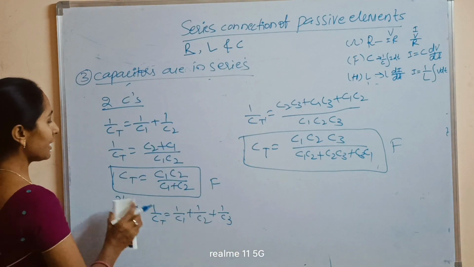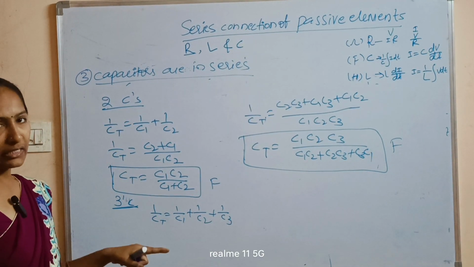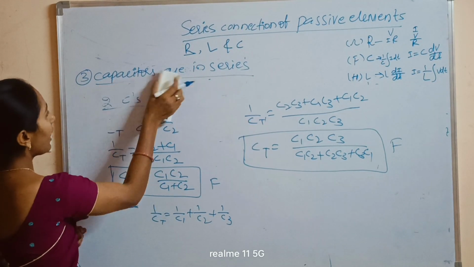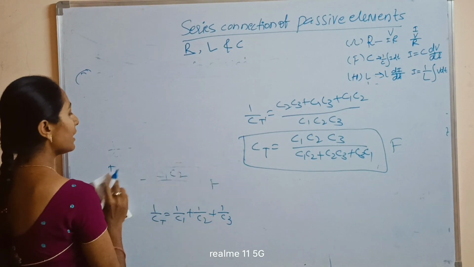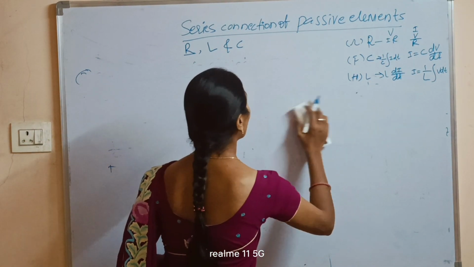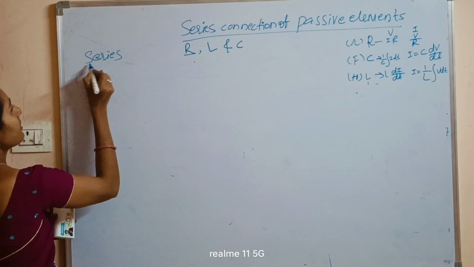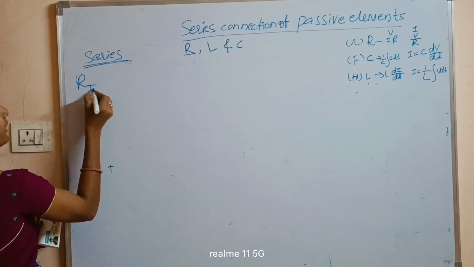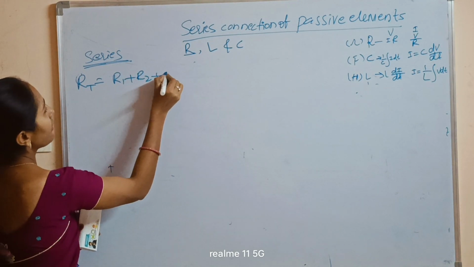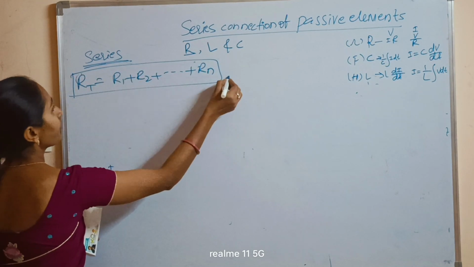Okay, so in series connection, inductors are in series, capacitors are in series, and resistors are also in series. So all are in series connection. What is the equivalent resistance for series connection? R total equals to, what is the formula? For series, R total equals R1 plus R2 plus so on plus Rn, in terms of ohm.